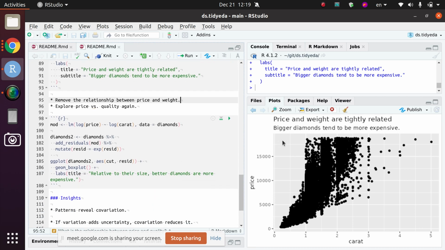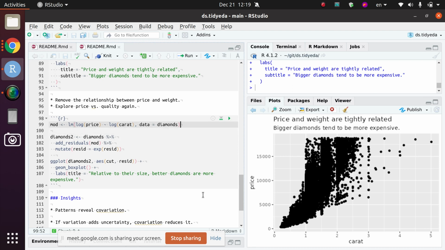And because these relationships look linear, we're going to use a simple linear regression. Once we extract the pattern between the weight or size and the price, we're going to reanalyze the relationship that we explored before.